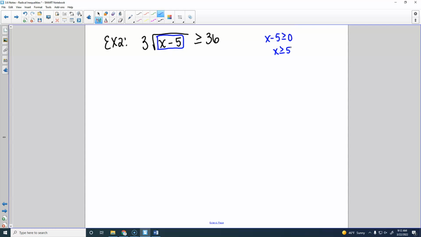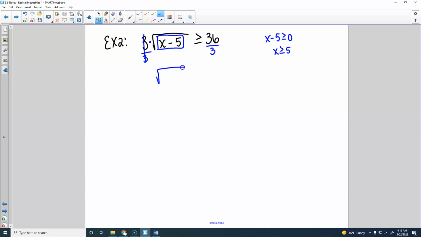So Reese, what would I do first to solve that inequality? That 3 is right next to that square root, which means it's multiplied by that square root. So how do we reverse that? We're going to divide it.